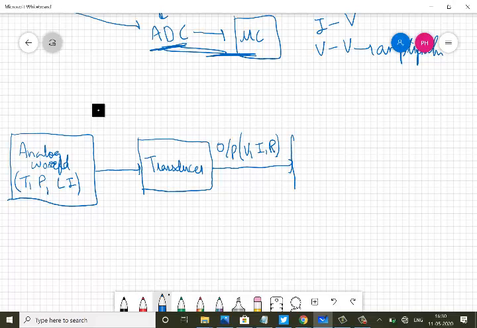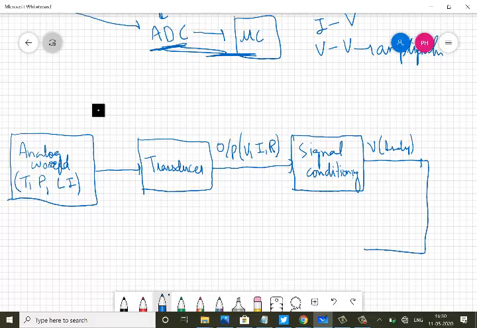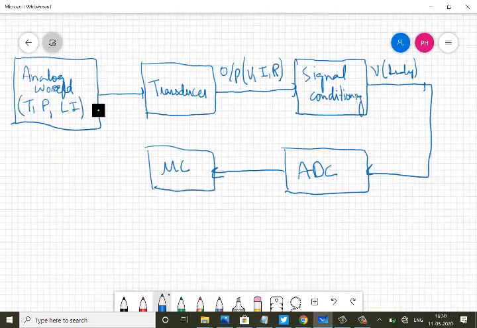And then usually we have a block which we call signal conditioning. At the output of this signal conditioning block, it gives a voltage, but this voltage may be analog in nature. So this voltage is given to an analog to digital converter, and then the output of the ADC is given to the microcontroller.